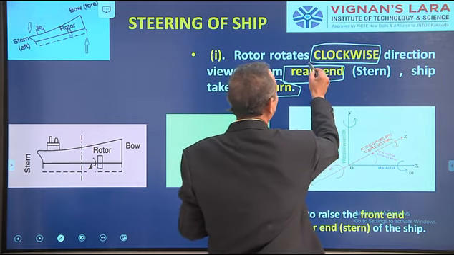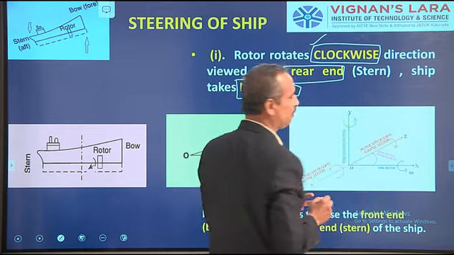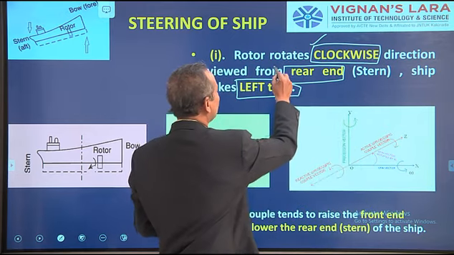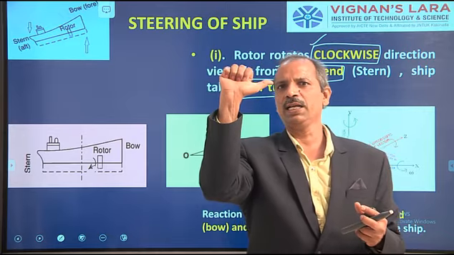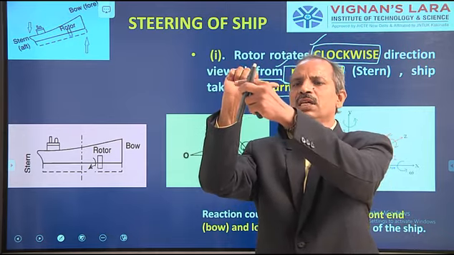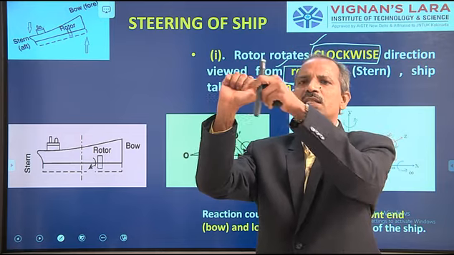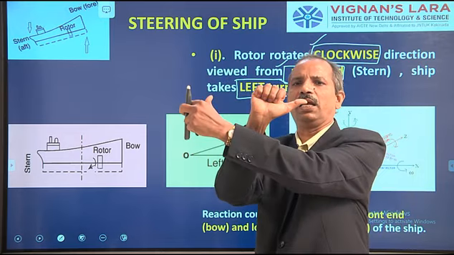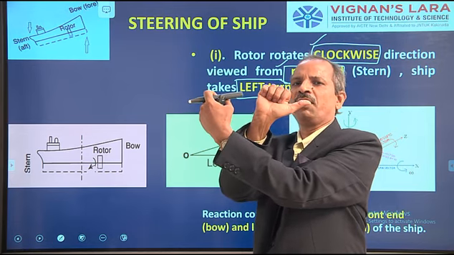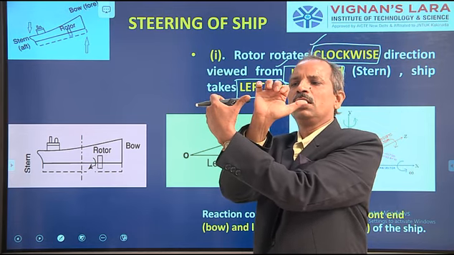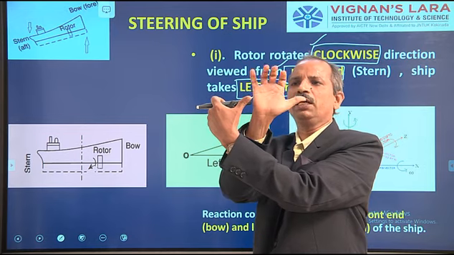It rotates clockwise looking from the rear end. So this is my right hand, you look from here, this is the front end and this is the rear end. You are looking from here. Your fingers are rotating clockwise.